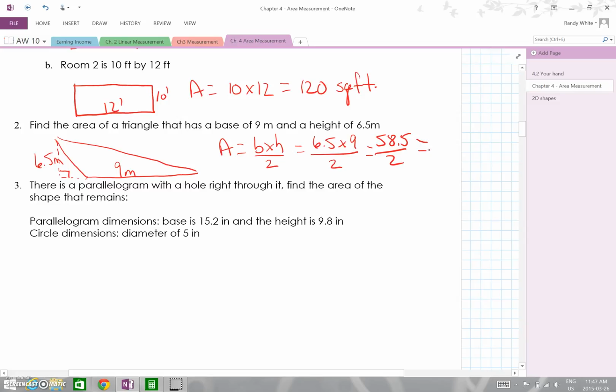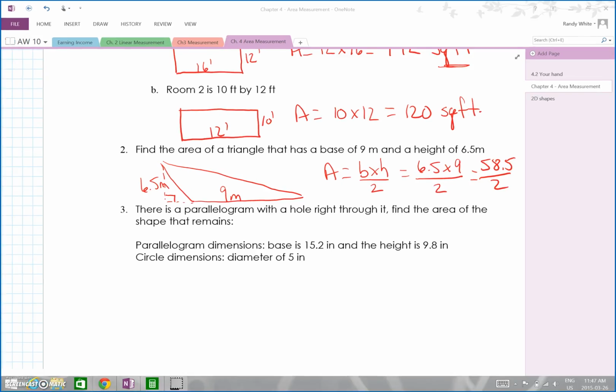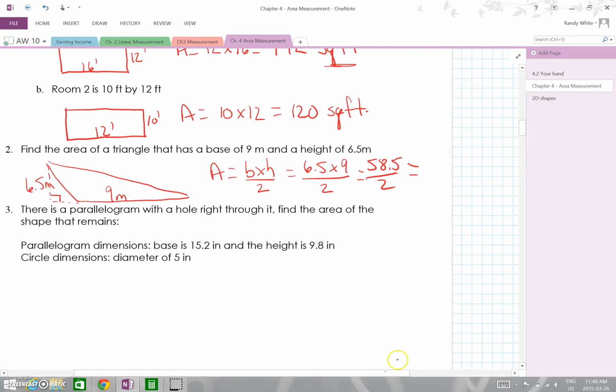And then divide that by 2. So that works out to be 29.25, because it's meters times meters, it's meters squared.